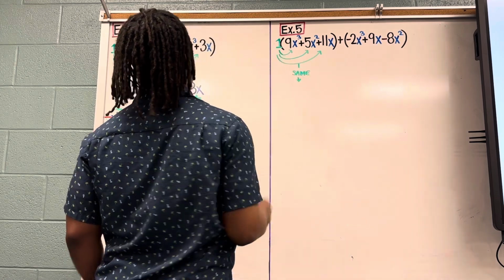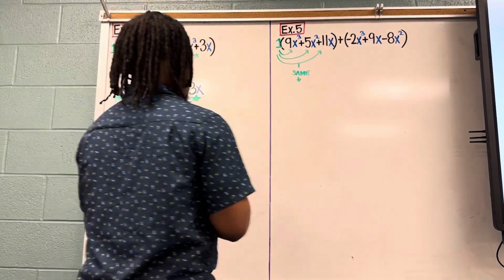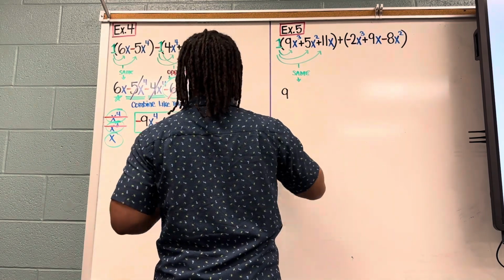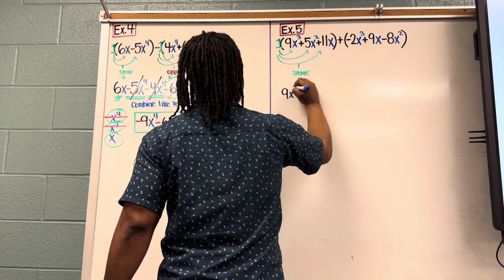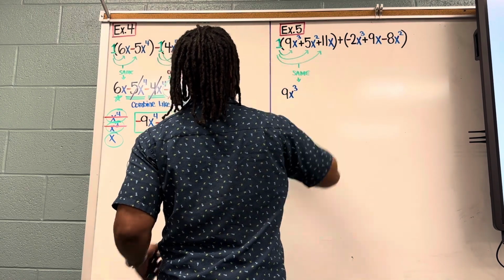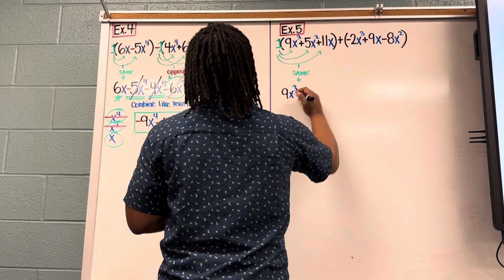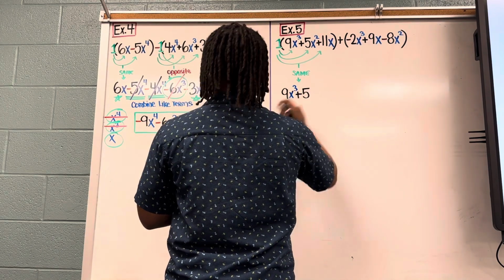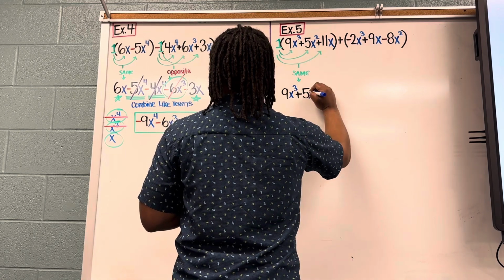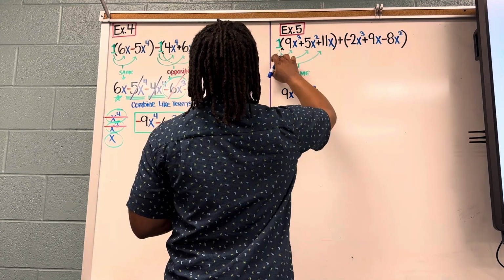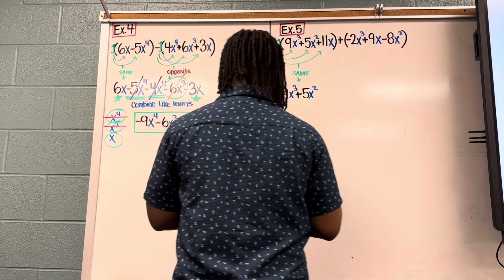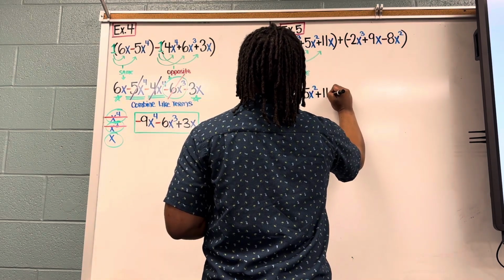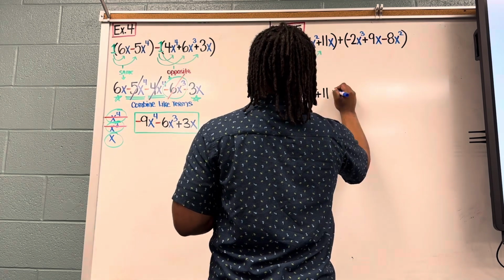Okay, so 1 times 9x to the 3rd power is 9x to the 3rd power. One times 5x to the 2nd power is 5x to the 2nd power. And then 1 times 11x is 11x. Okay.